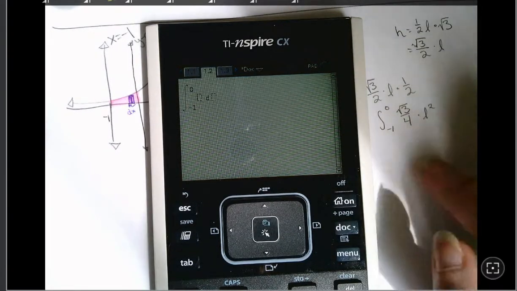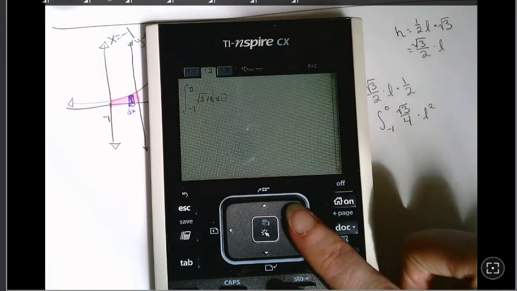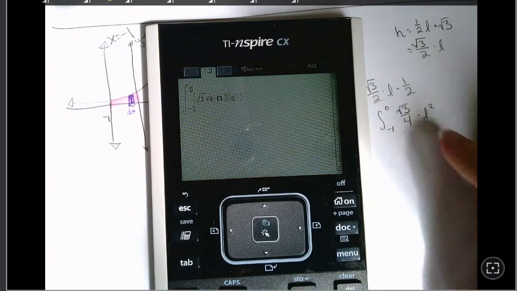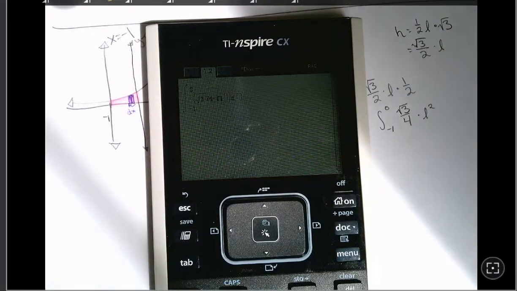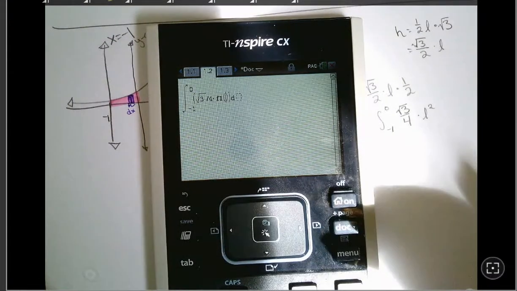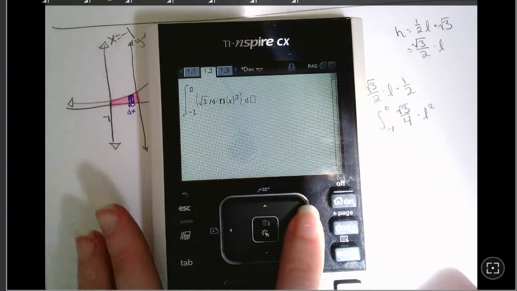Our function now is root 3 over 4, times our variable f1 of x, because our L in this case is just our function. So f1 of x, the sun is killing me. Okay, f1 of x, in terms of x, end parentheses, squared, end parentheses, dx.